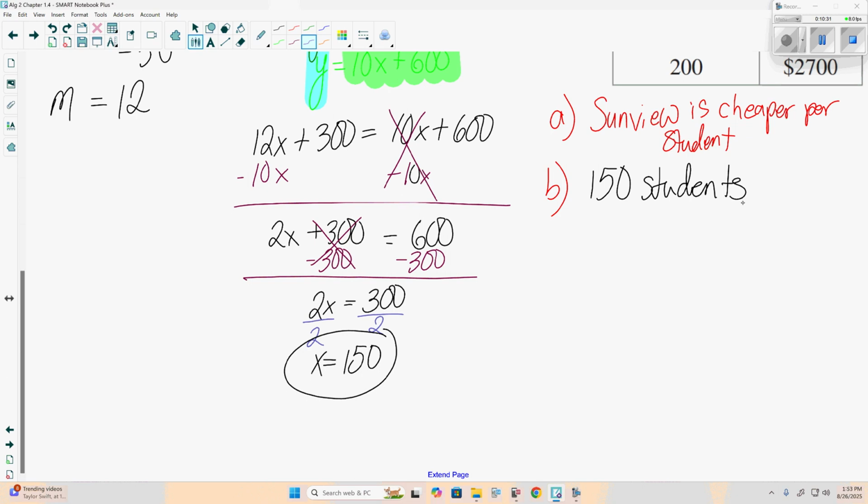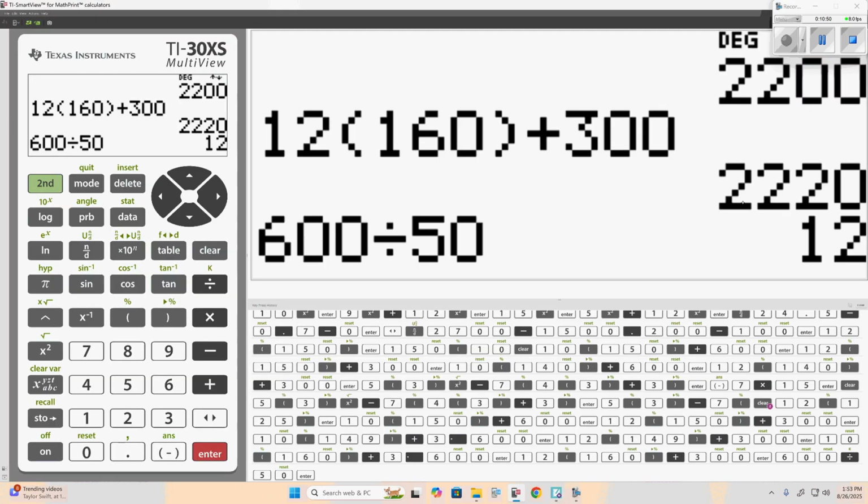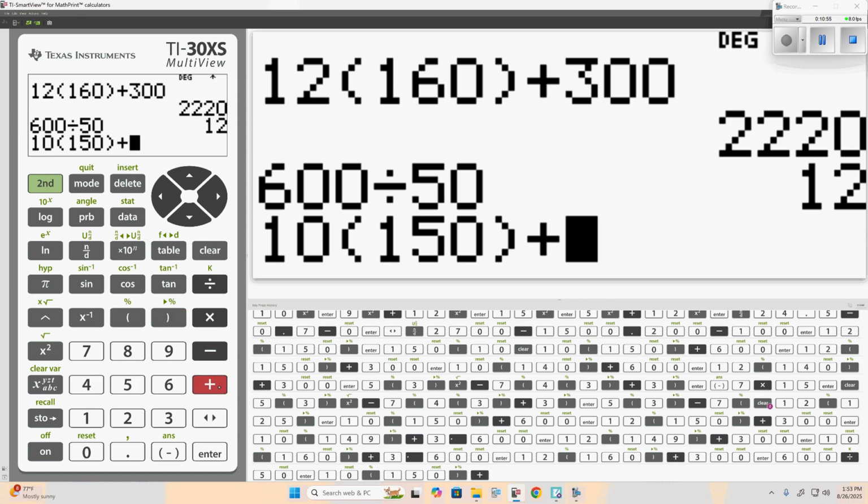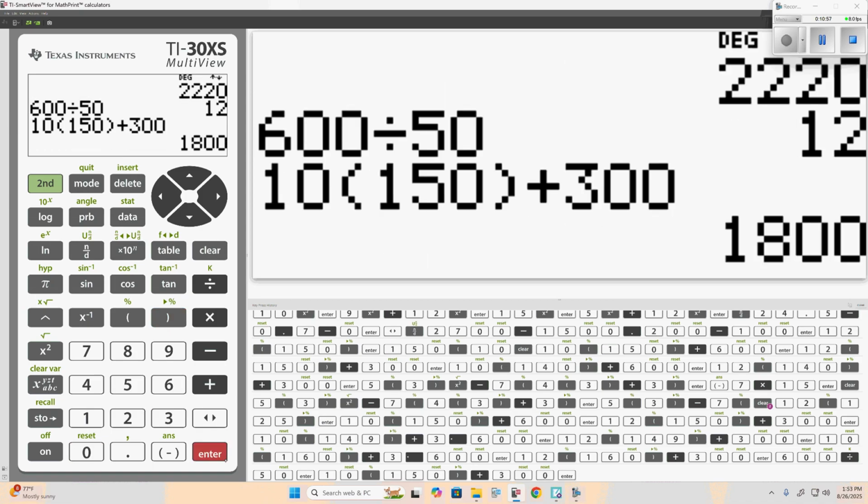So, if there are 150 students going, which one's going to be the better choice? Because at 150 students, the costs are going to be the same. So it really doesn't matter. Because we could say 10 times 150 plus 300, and it's going to tell us that the total cost is 1,800.